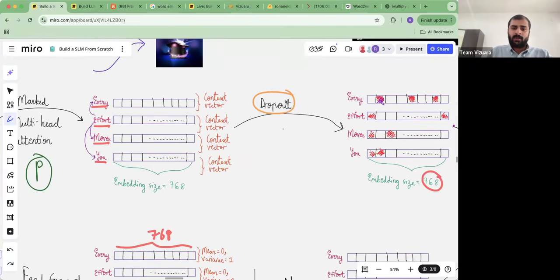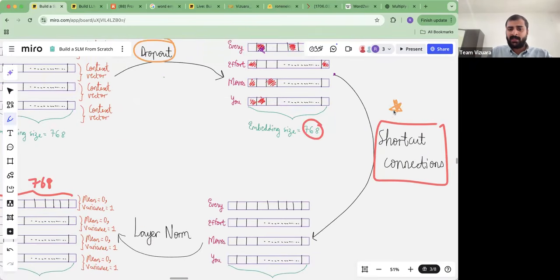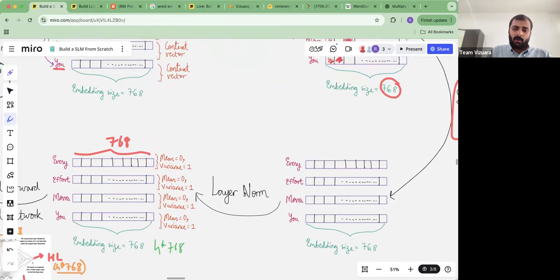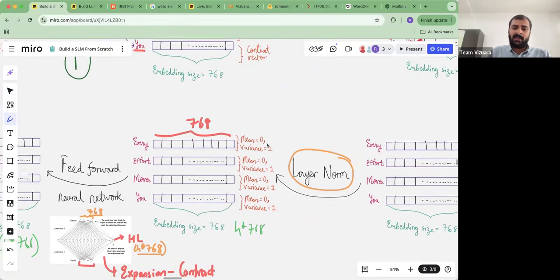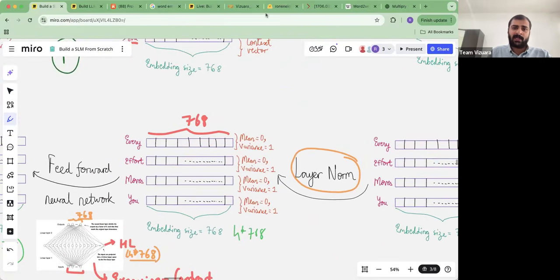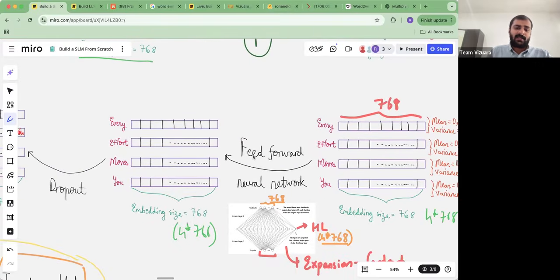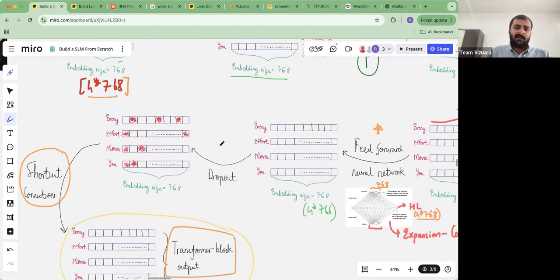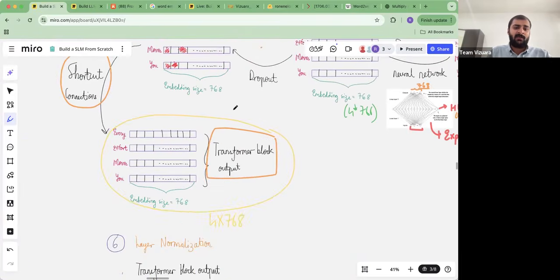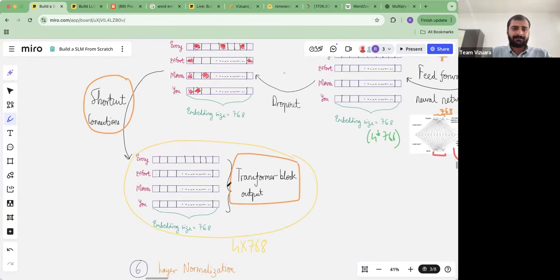We apply dropout, then a shortcut connection. We apply one more layer norm to make sure the mean and variance again go to 0 and 1 respectively. After that comes another very important layer, which is the feed forward neural network. This makes sure that we capture more patterns in the underlying data. Then we again have dropout and shortcut connections, and then we exit the transformer block.